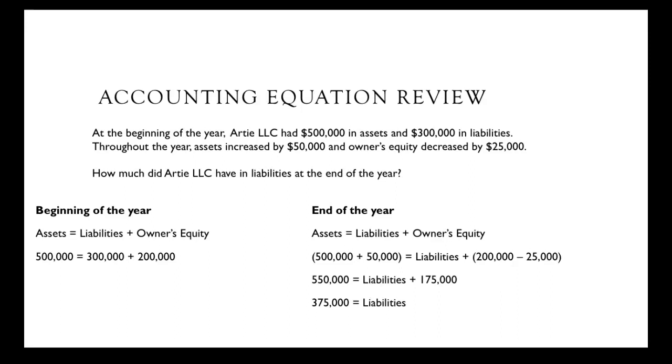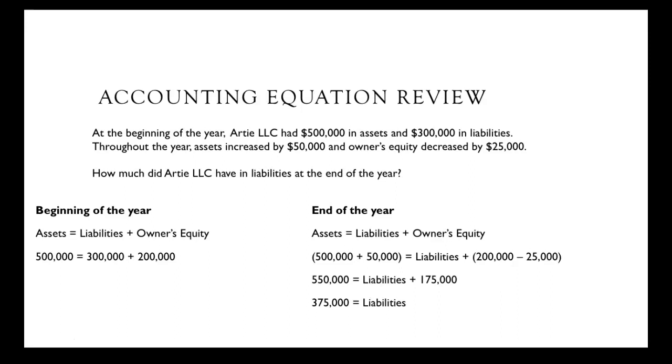So we can use this accounting equation to help us find any missing part of it, right? We found our owner's equity at the beginning of the year. That was the missing piece there. And then we just found the liabilities for the end of the year.